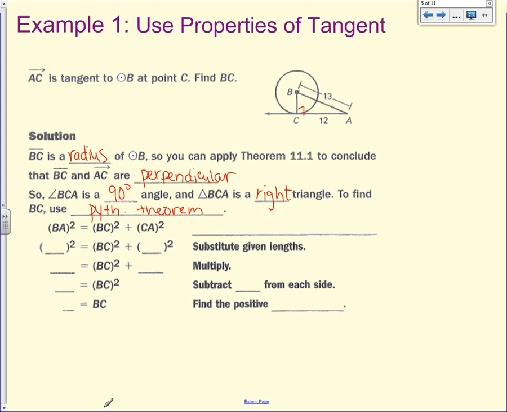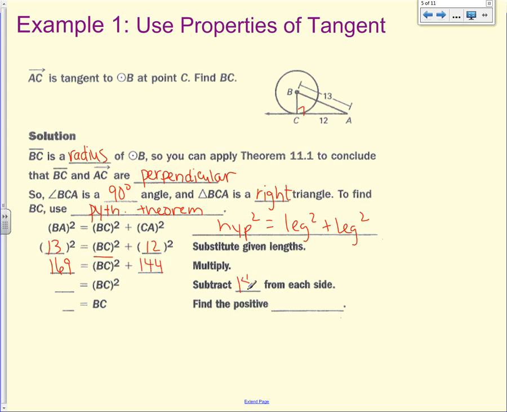If we think about what the Pythagorean theorem is, it's the hypotenuse squared is equal to a leg squared plus a leg squared. So our hypotenuse is 13. BC, we don't know; we're still trying to find that. But CA is 12, so we square that. This is 169 equals BC squared plus 144.